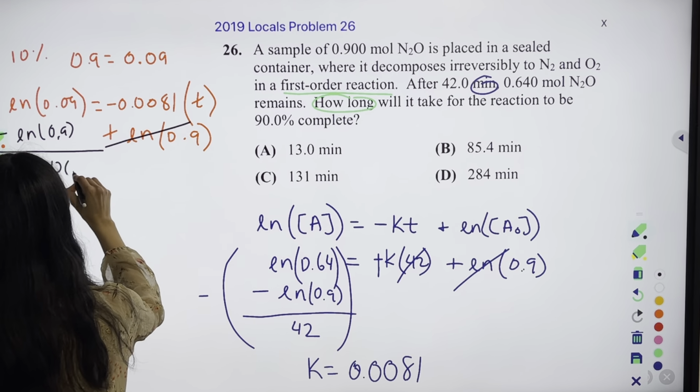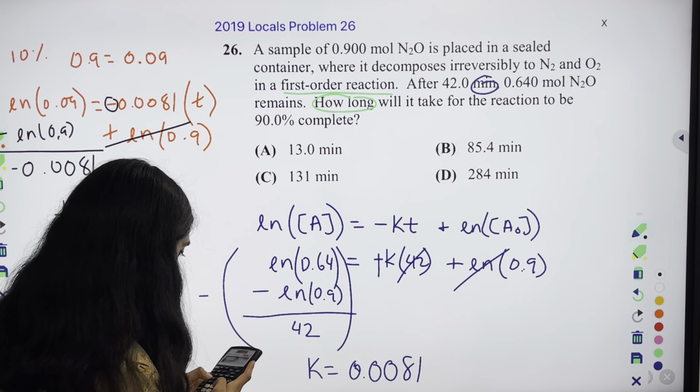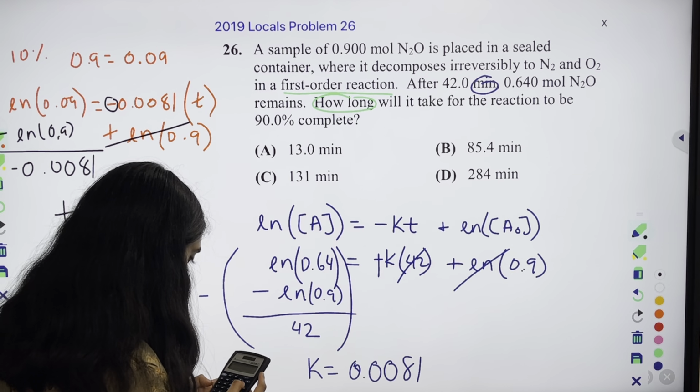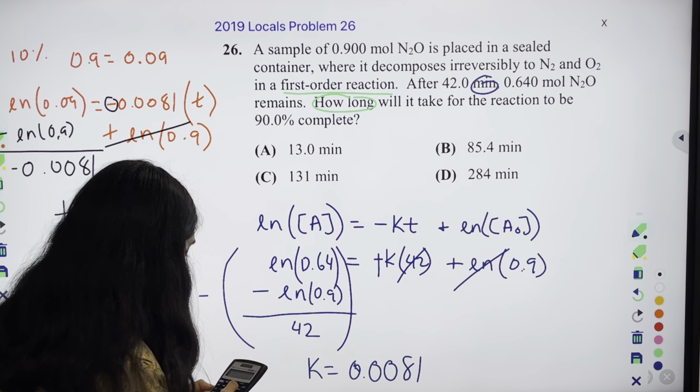So it's the natural log of 0.09 minus the natural log of 0.9, and then we divide that value by negative 0.0081.